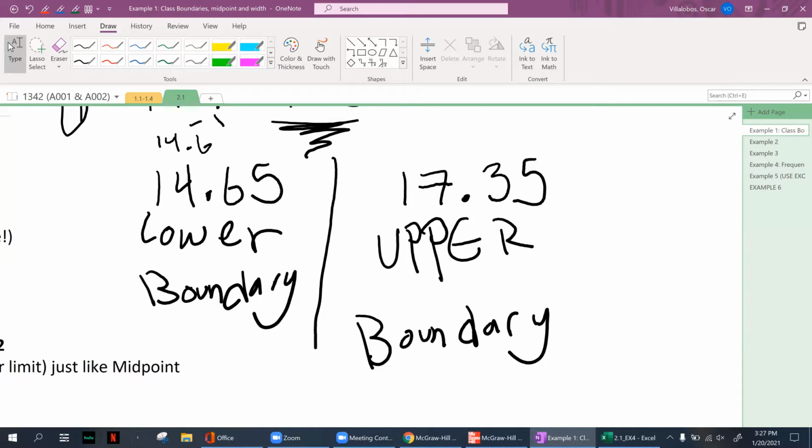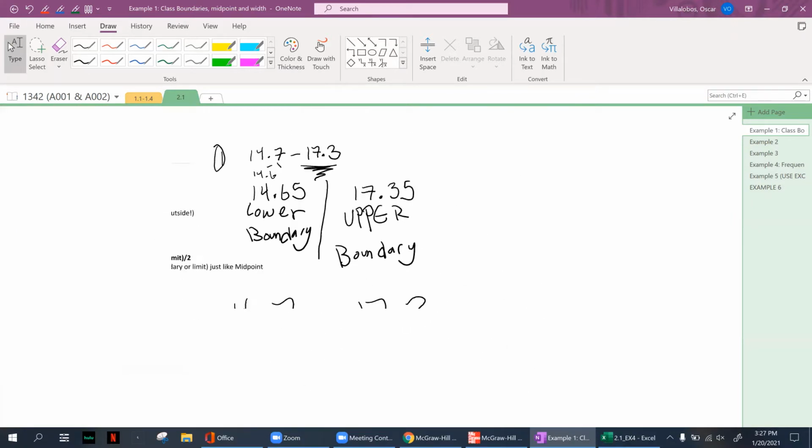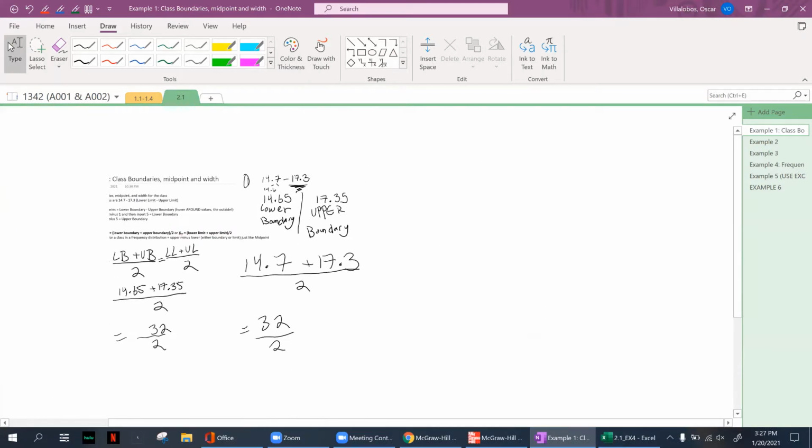So whenever you add those two values together, that is why those values continue staying the same.